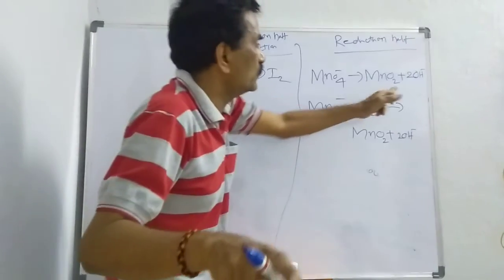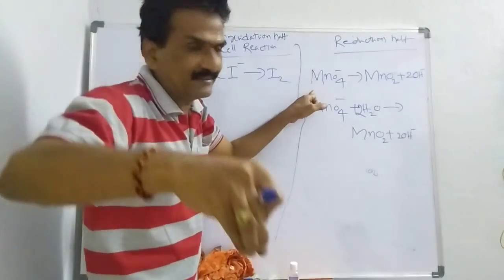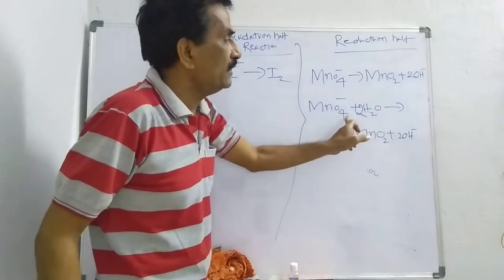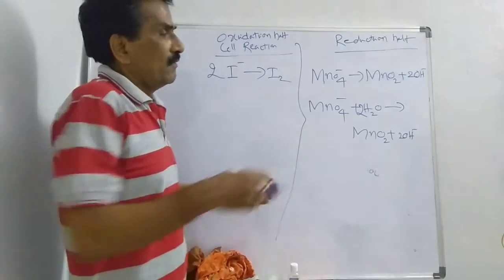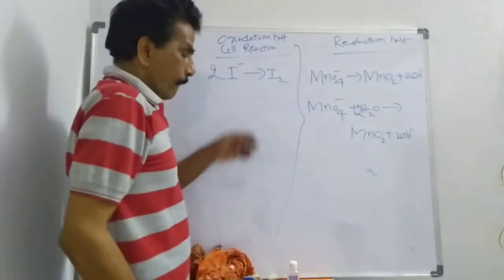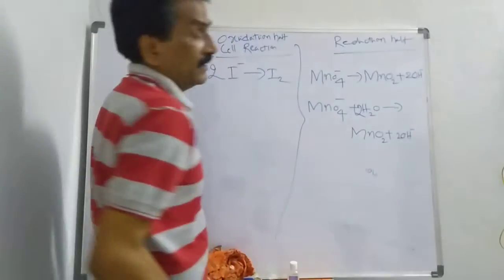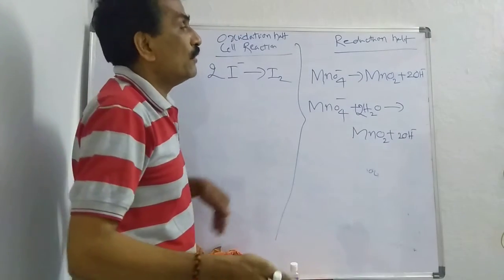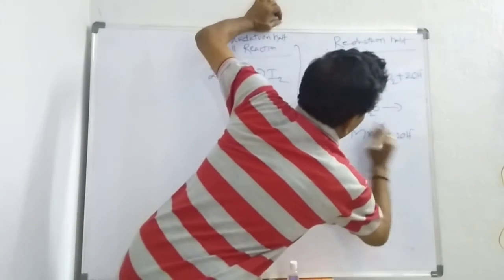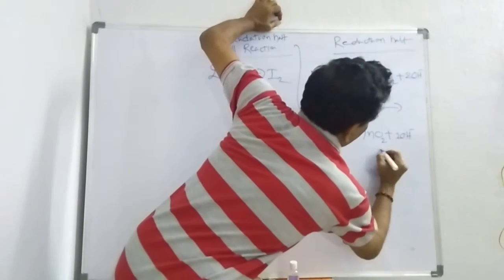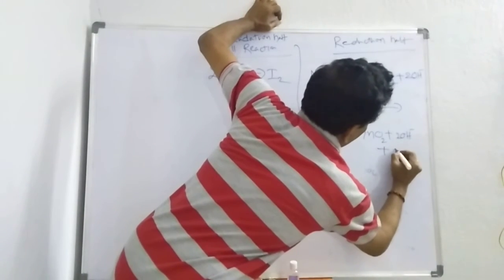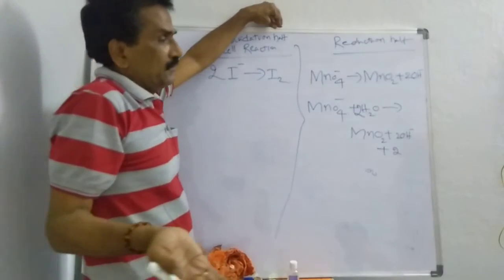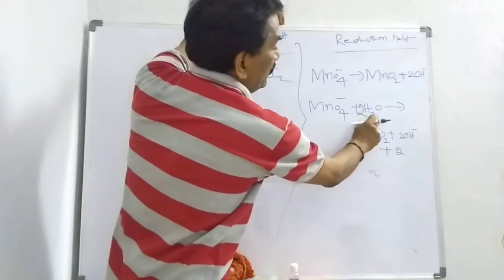For which, where hydrogens are less, I have added 2 H2O. At the same time, again, we have to add 2 OH minus also. For which, here how many H's are there?